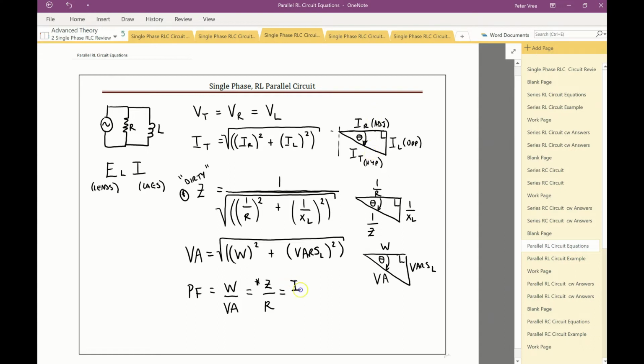Those are the three ratios we can look at for the power factor, or the efficiency of the circuit. They're all the adjacent over the hypotenuse, so they're all equal to the cos of whatever angle we're looking at. If we want to find the angle, we take the inverse cos of the power factor.